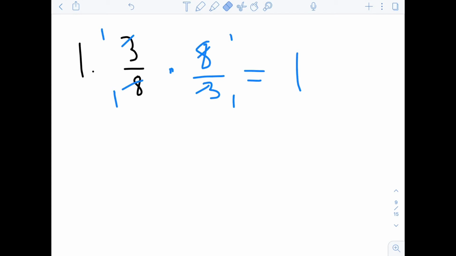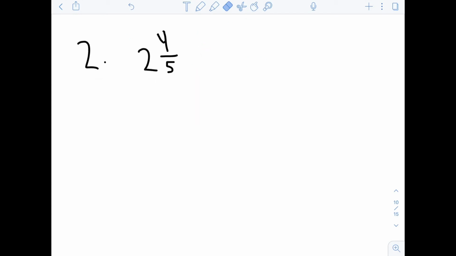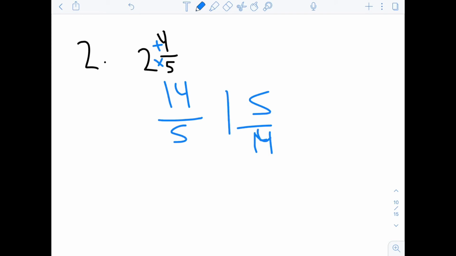So basically you're just switching the numerator and denominator. So for 2 and 4/5, let's put this into an improper fraction. So 2 times 5 is 10, and plus 4, that's 14. So 14 over 5. So the reciprocal of that is going to be 5 over 14, because their product is 1.